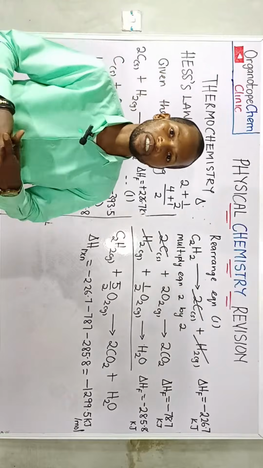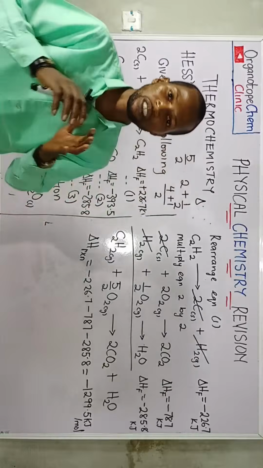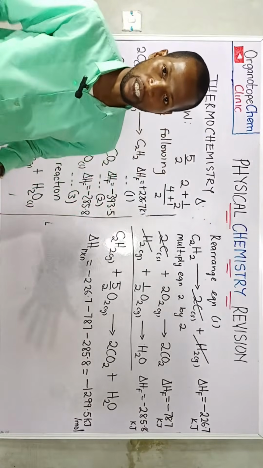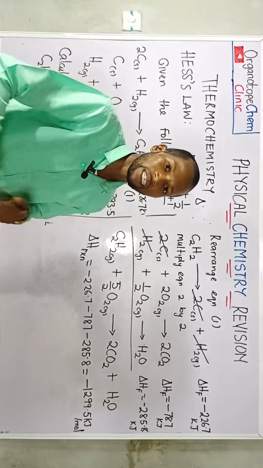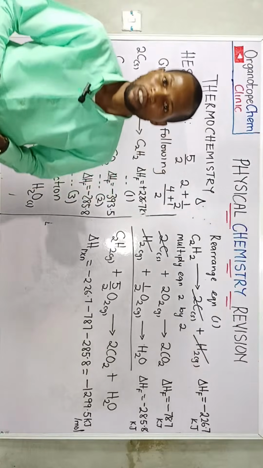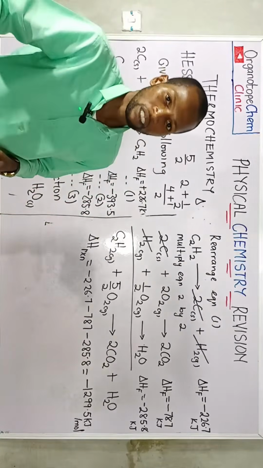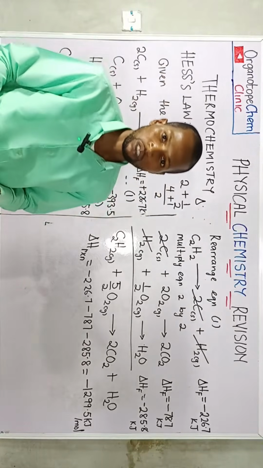The first law of thermodynamics states that energy can neither be created nor destroyed, but can be transformed from one form to another, okay? Which implies that when a system gains heat, it actually gains such heat from the surrounding. And when the system loses heat, it loses the heat to the surrounding.